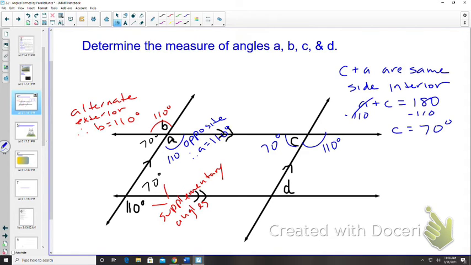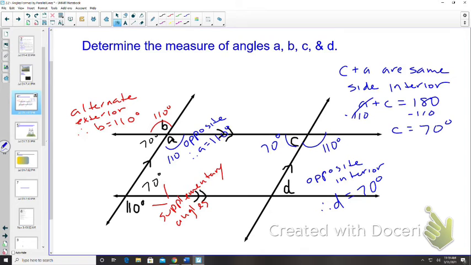And what is the relationship between C and D? They're alternate interior angles, so they both would be 70. Therefore, D is equal to 70 degrees.